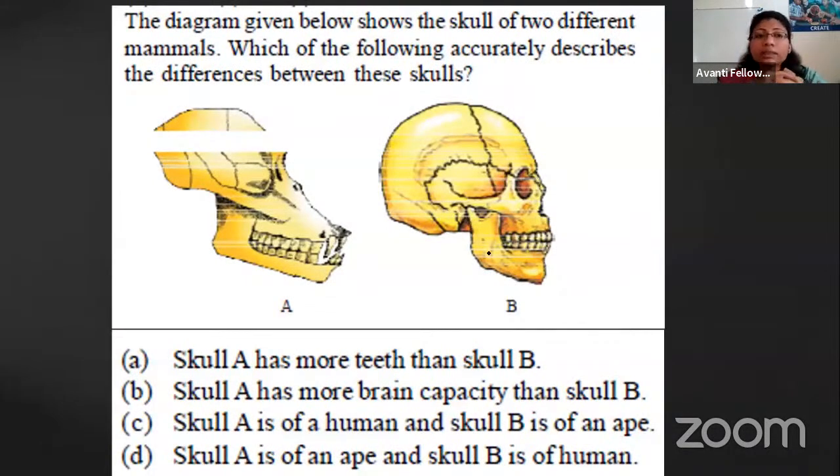The question is: the diagram given below shows the skulls of two different mammals. Which of the following accurately describes the difference between these skulls? You have to find the correct statement.